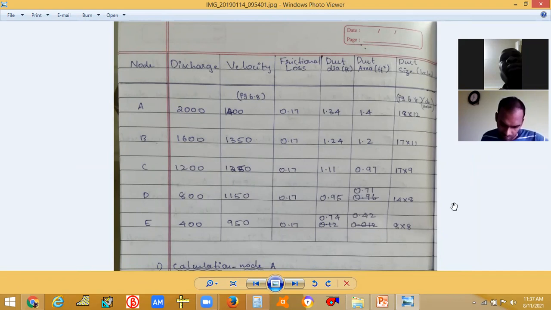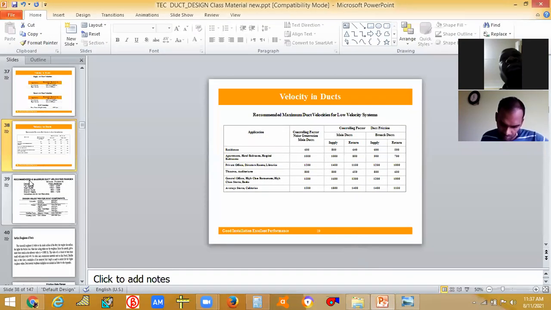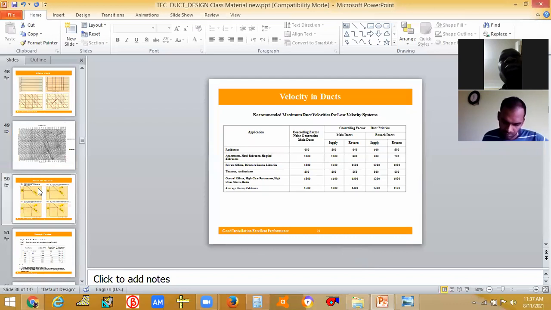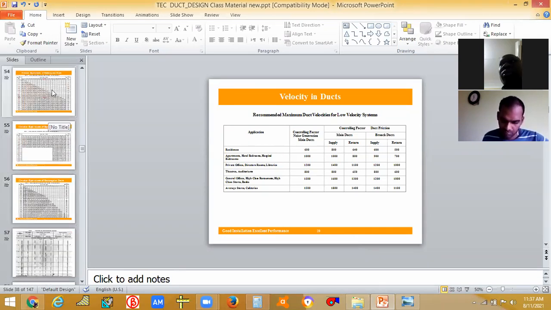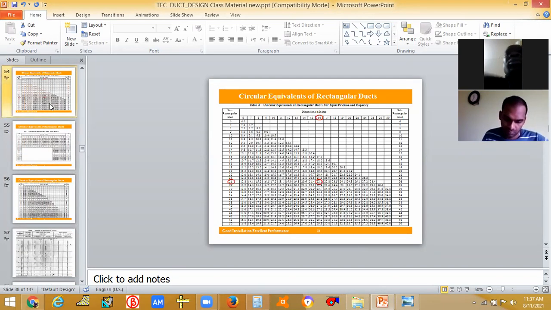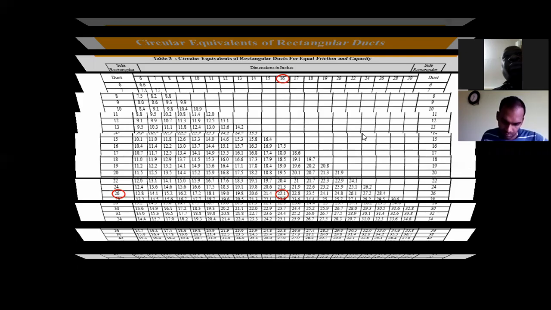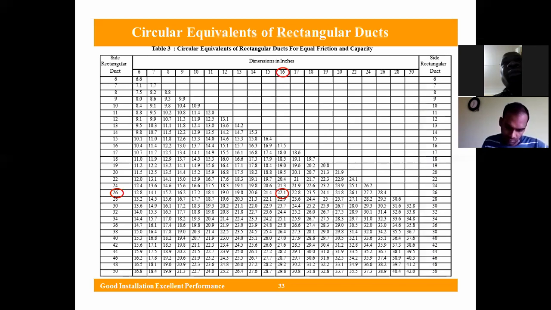So let's see. Yeah, this is the tabular column. Can you see this tabular column?